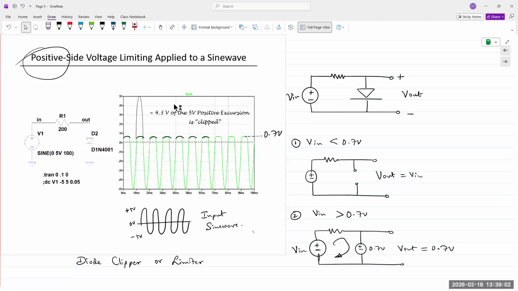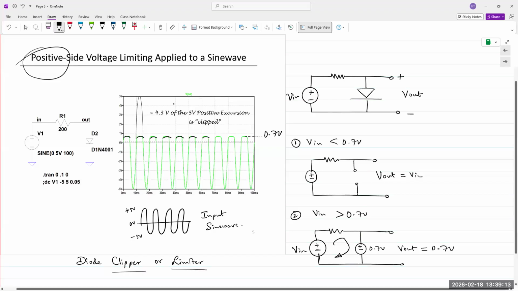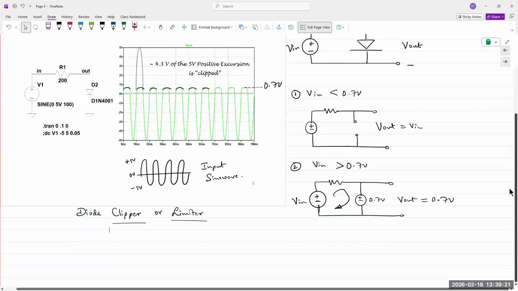In the negative cycle, when the diode is off, V out is equal to V in, and hence we call this a limiter or a clipper circuit. There is a third name for this circuit: it is known as a rectifier circuit. Anyone ever hear the term rectifier before?